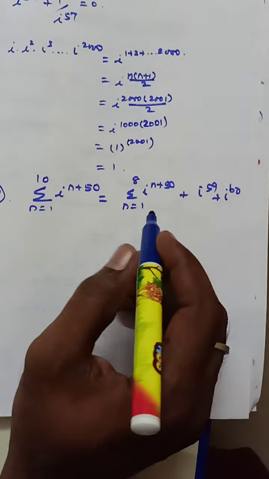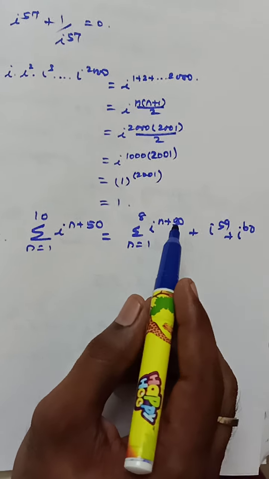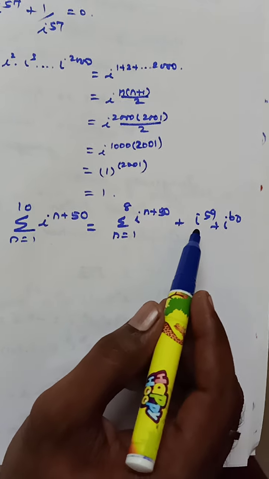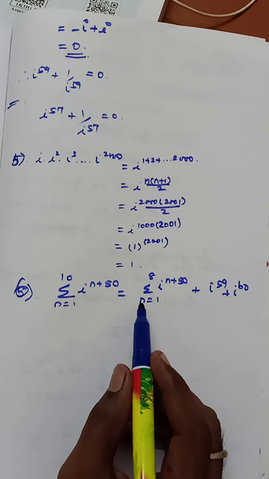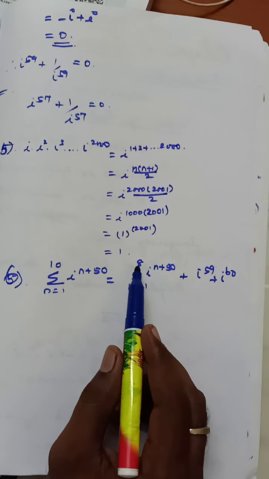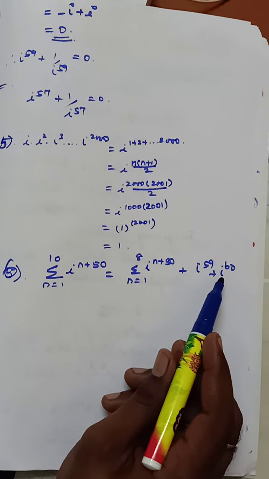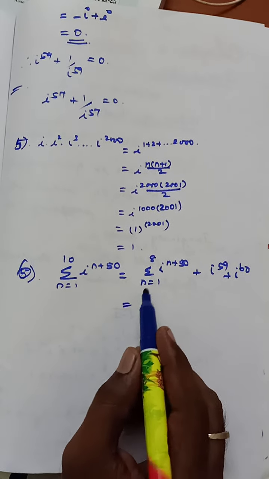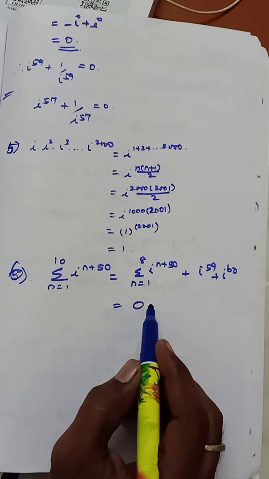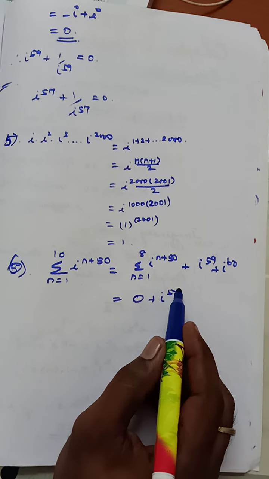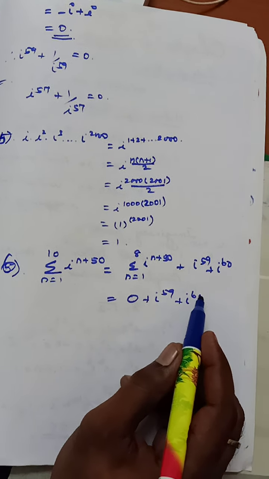So how am I writing? Till 8 we can split one term. Sigma n equal to 1 to 8 is a multiple of 4, and 59, 60 is not a multiple of 4. So the answer for 1 to 8 is 0 plus i power 59 plus i power 60.